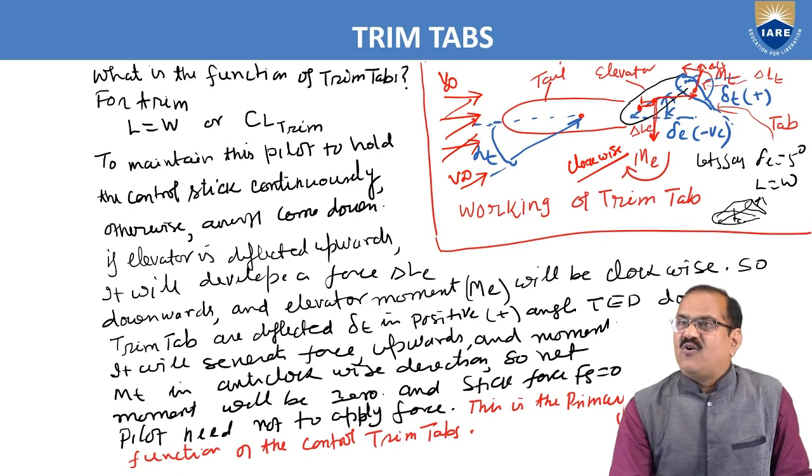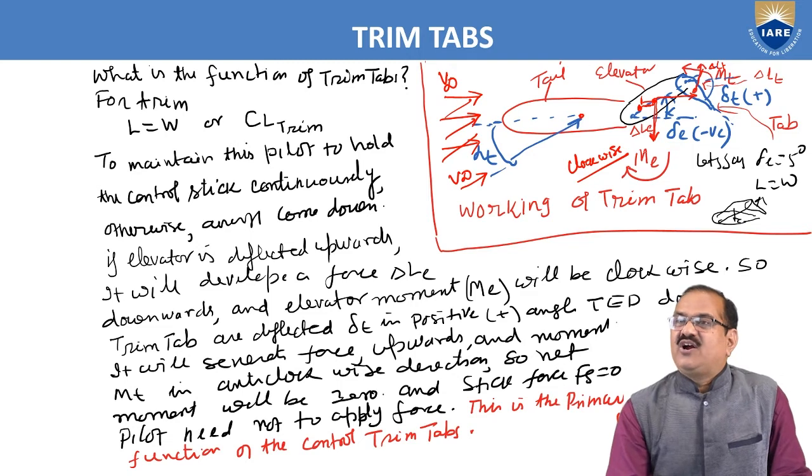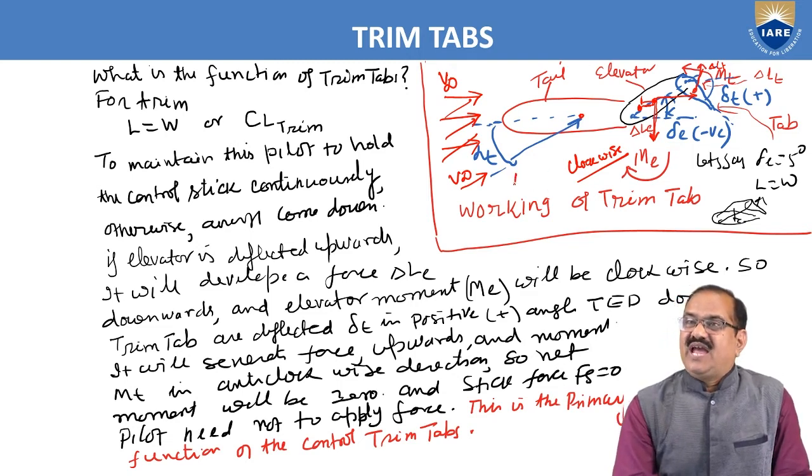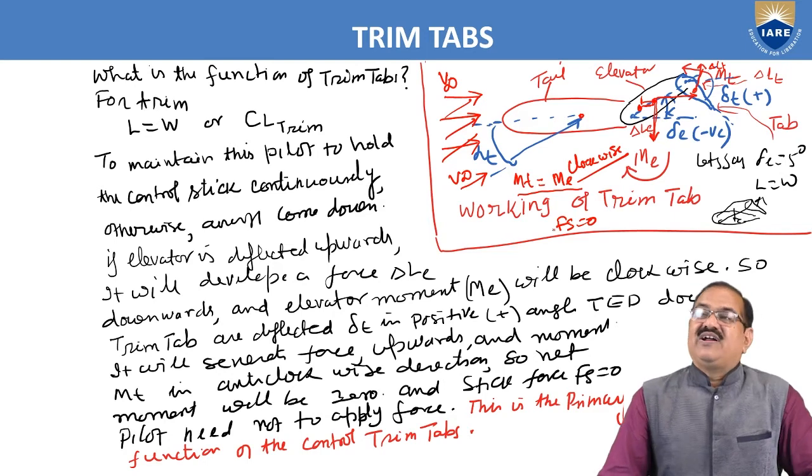So a small force, because this distance is more, is required to counter this ME. So this MT will be in the anti-clockwise direction. So this MT is equal to ME, and if it is so, Fs will be 0. Okay, that is the objective of the trim tab.